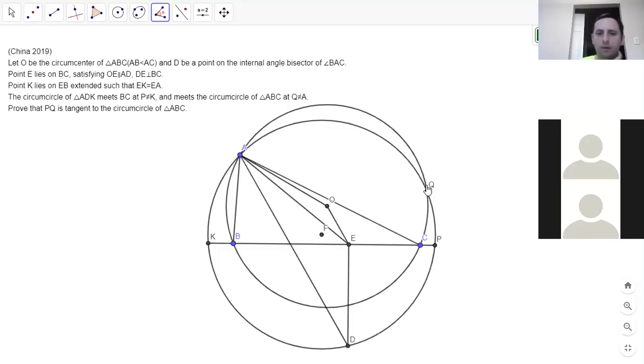Maybe we could use the isogonal line lemma, because basically we want to show AK and AQ are isogonal, right? KED and DOQ. So we want to show DOQ is a right angle.